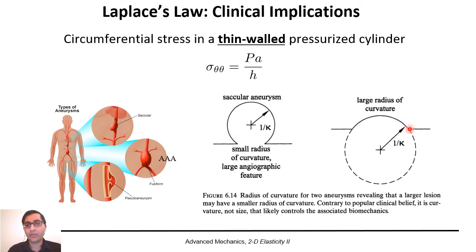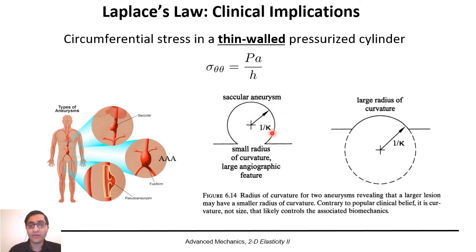So you see, for example, here we have a larger aneurysm, but since the radius of curvature is larger, we get a smaller circumferential stress compared to here, where the aneurysm itself is smaller, but it has a smaller radius of curvature as well.